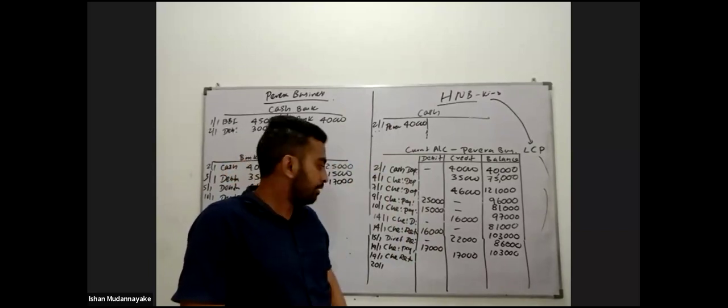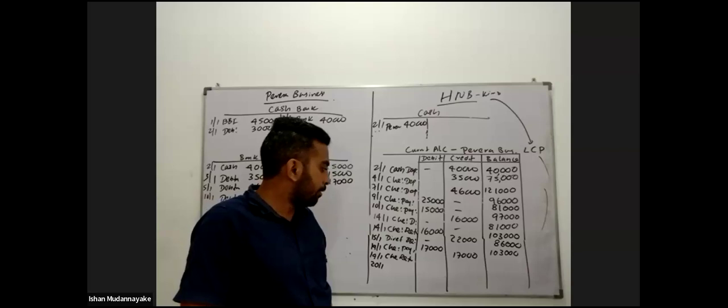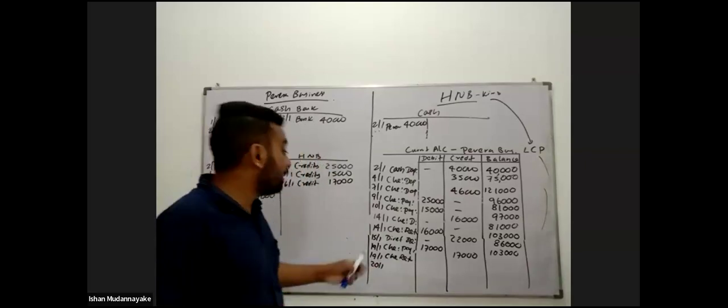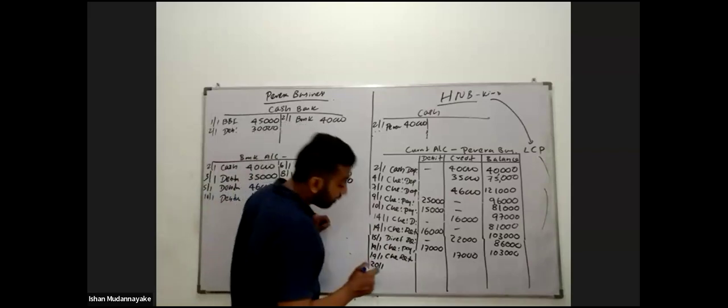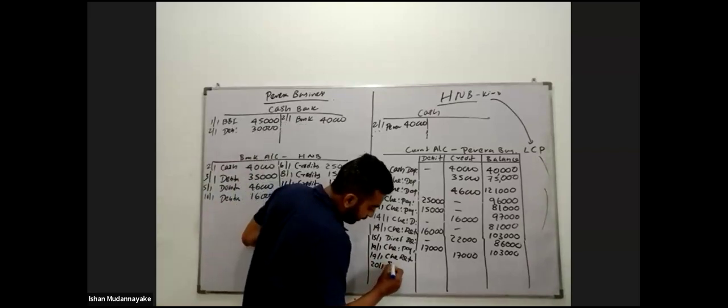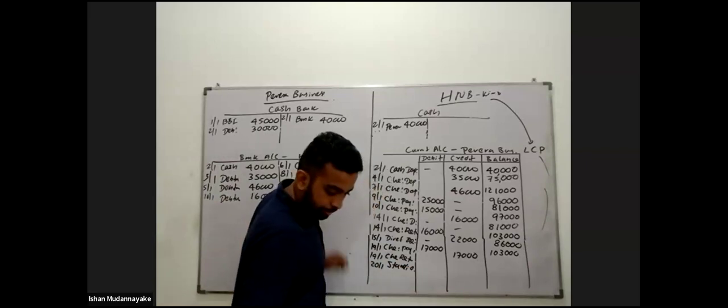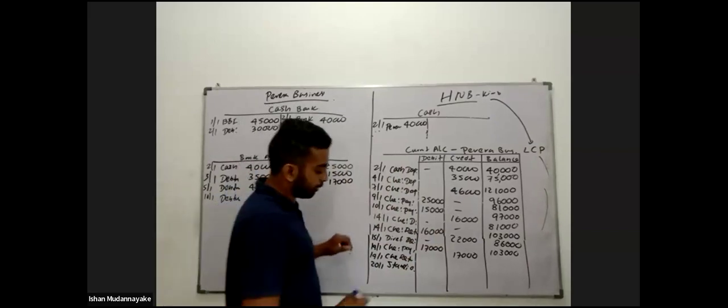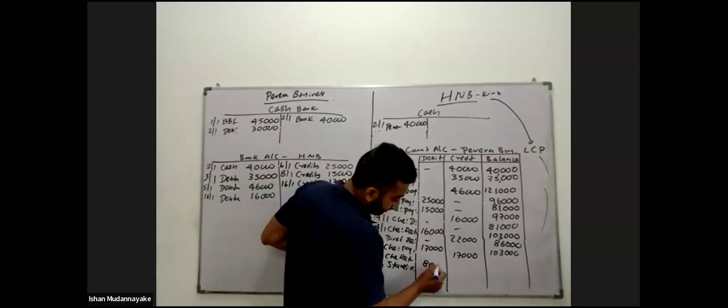Based on that standing order, on 20th January, HNB bank paid 8,000 to the insurance company.